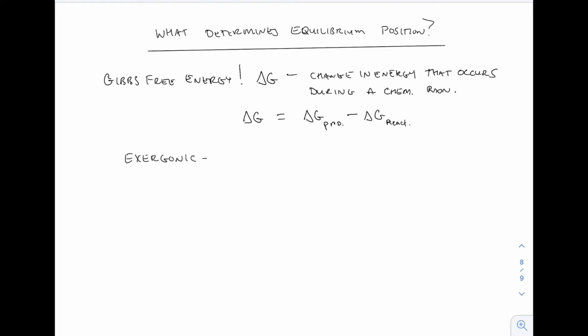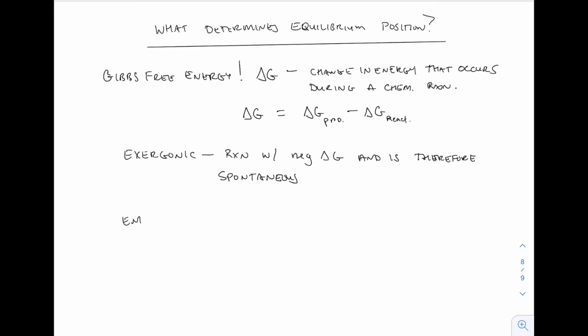All right, so a couple of terms come along with this. Exergonic, which is kind of like exothermic and endothermic, right? It's a reaction with a negative delta G and is therefore spontaneous, meaning the reaction will occur.